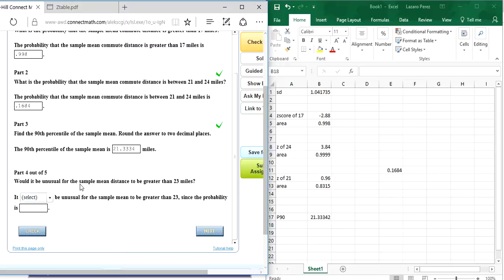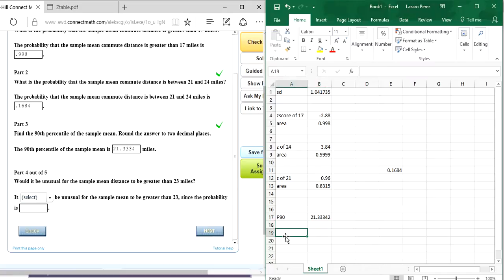So would it be unusual for the sample mean distance to be greater than 23? All right, so greater than 23. So z of 23, then the area. So we find our z-score.